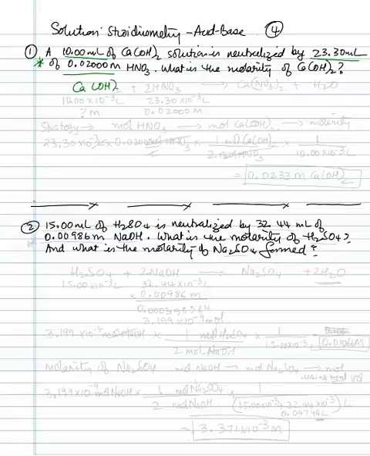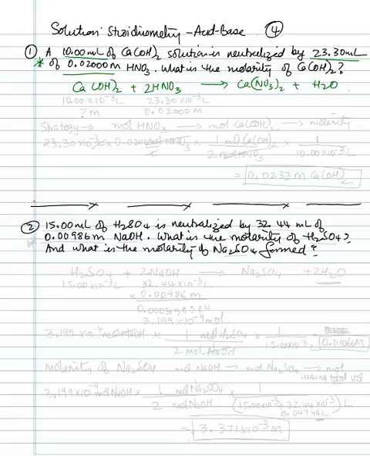So calcium hydroxide plus nitric acid gives calcium nitrate and water. To balance the equation out, we need to have 2 of nitric acid.